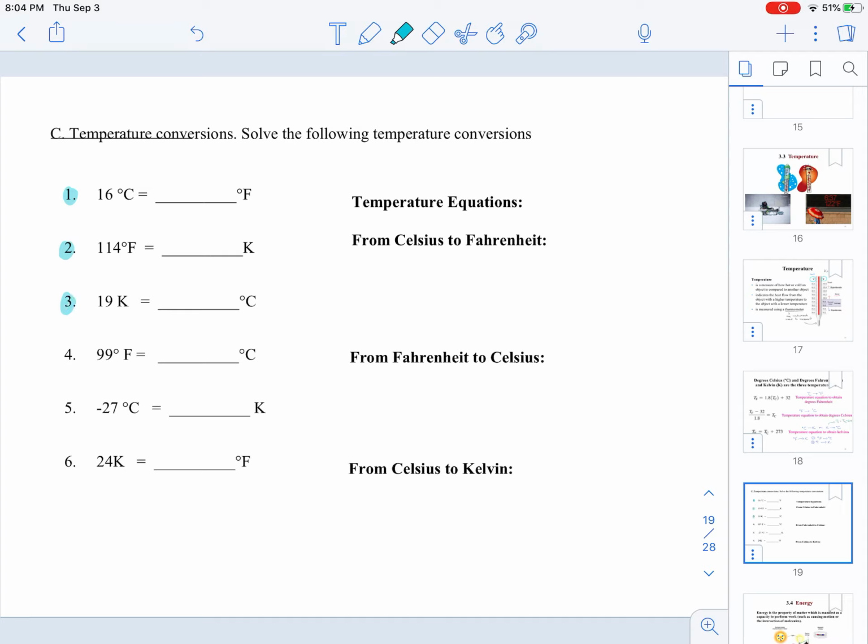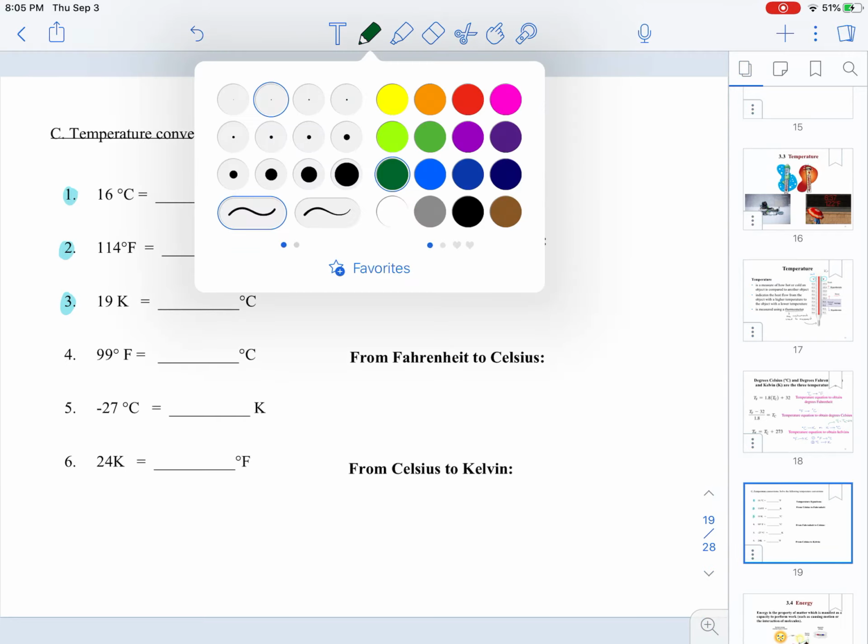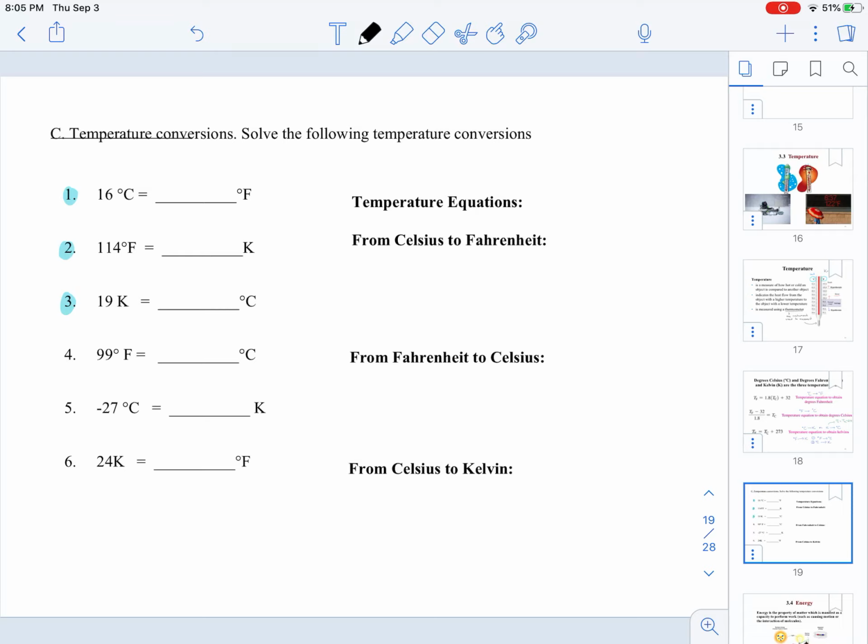So when it comes to this, as you can see, the first one is a conversion between Celsius and Fahrenheit. In order to accomplish that, understand that we are going to be using the first equation, which states that temperature in Fahrenheit equals 1.8 multiplied by degrees Celsius, and we're going to add it to 32, okay?